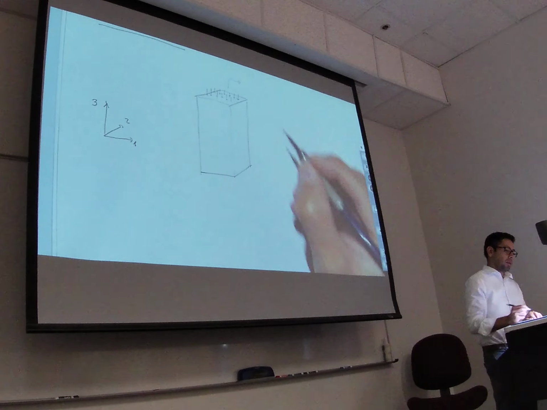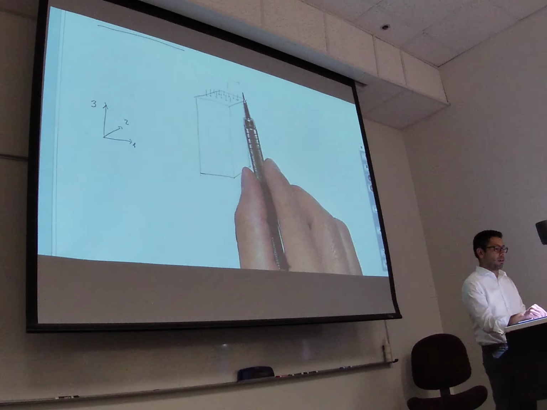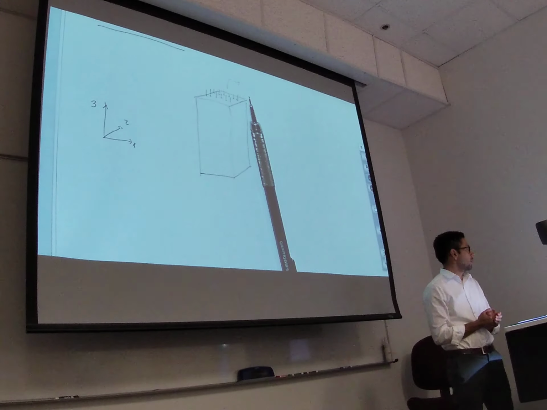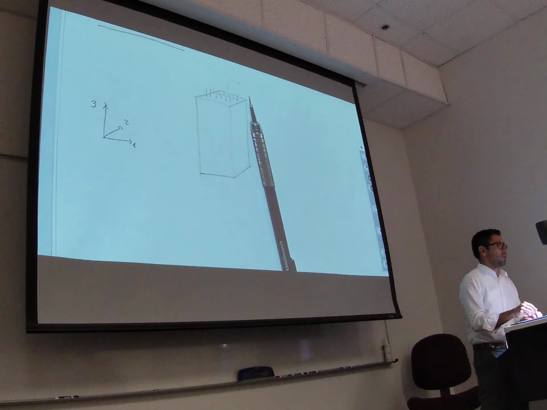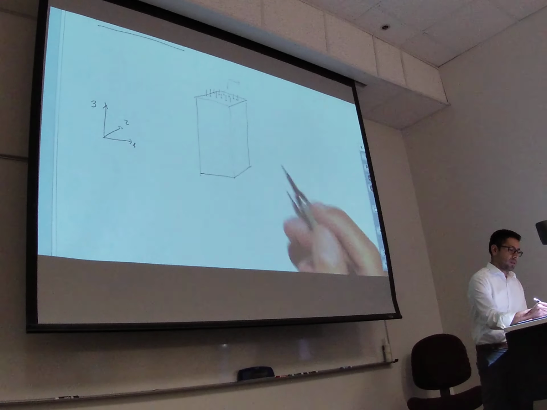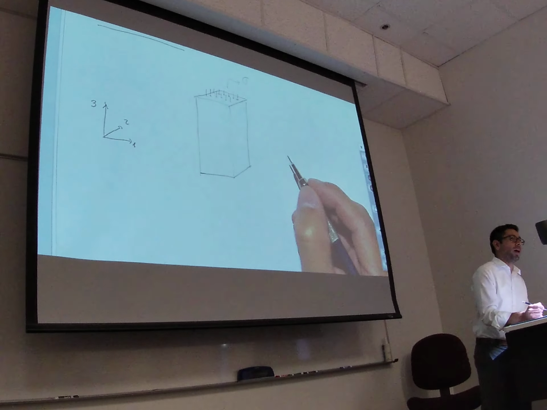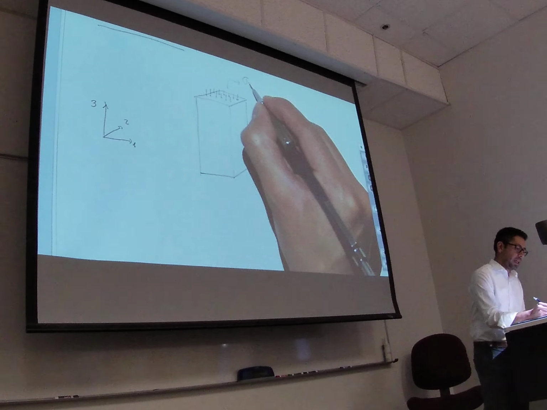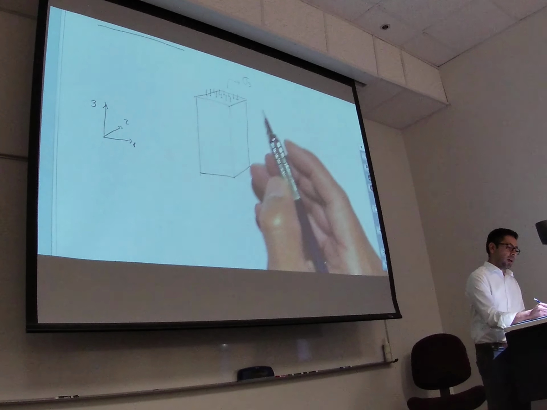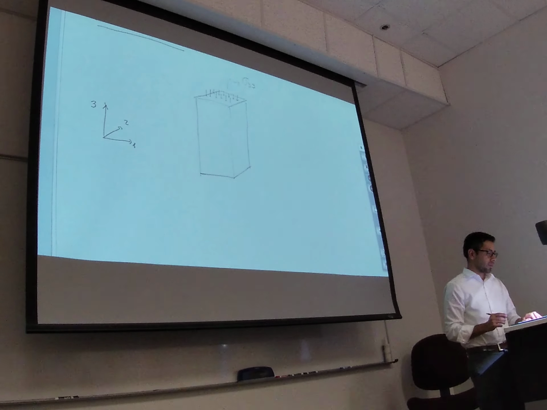Can you tell me what is going to be the name of this stress according to what we have seen so far? It's going to be sigma what? Sigma 3, 3, very well, because it is on face 3 and it goes in direction 3. This is sigma 3, 3.